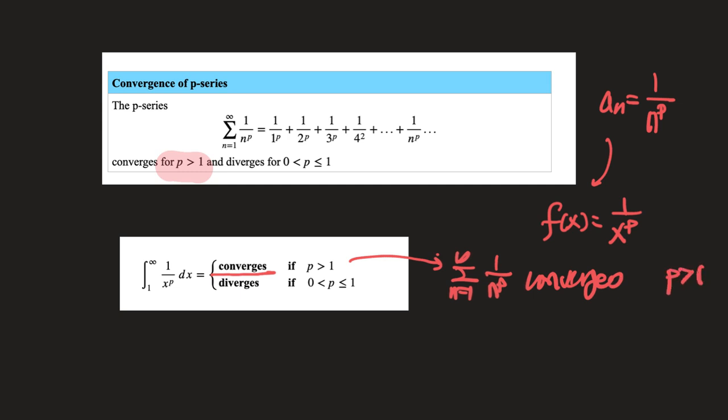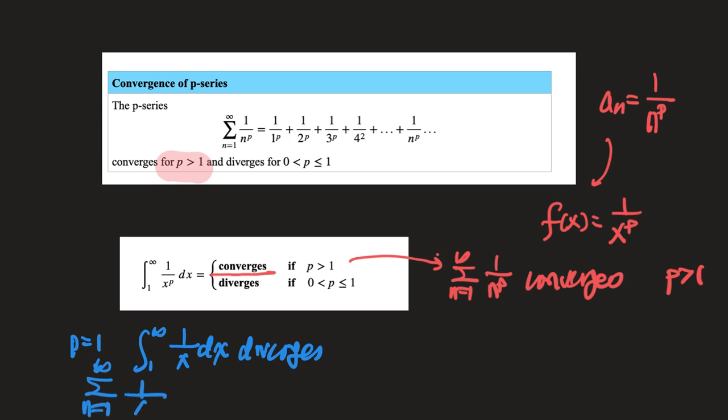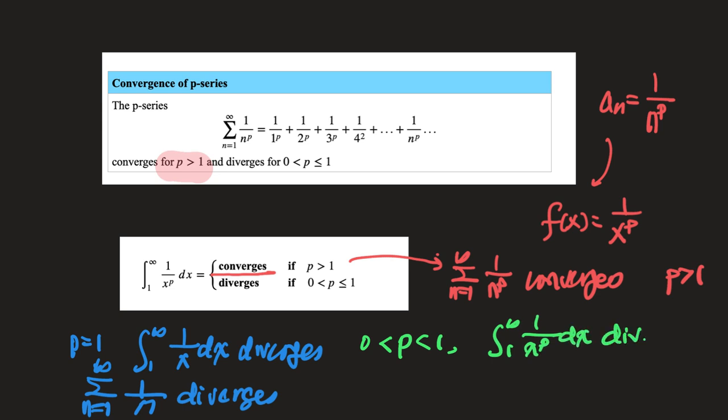If p is 1, the integral from 1 to infinity of 1 over x dx diverges, so we say this infinite series diverges. That's the harmonic series. Last part: if p is between 0 and 1, the improper integral diverges, so the infinite series diverges.